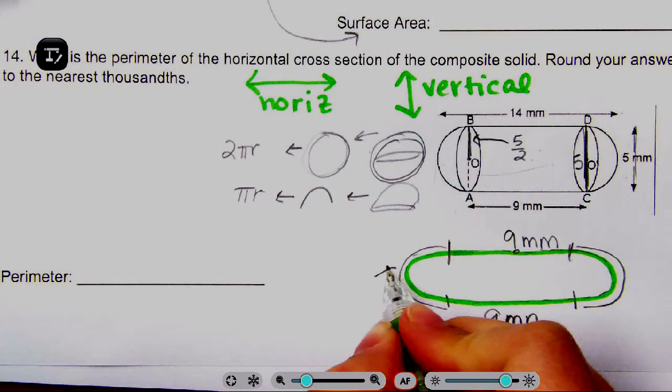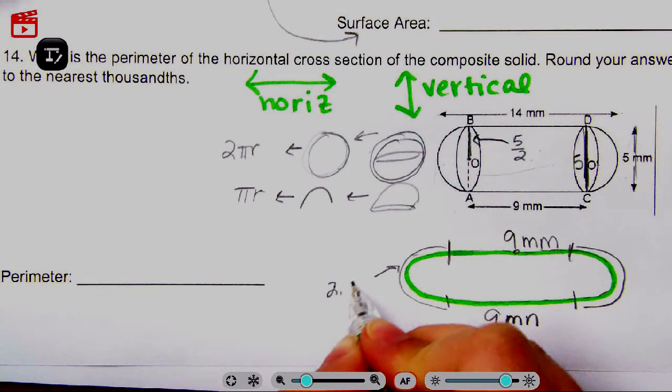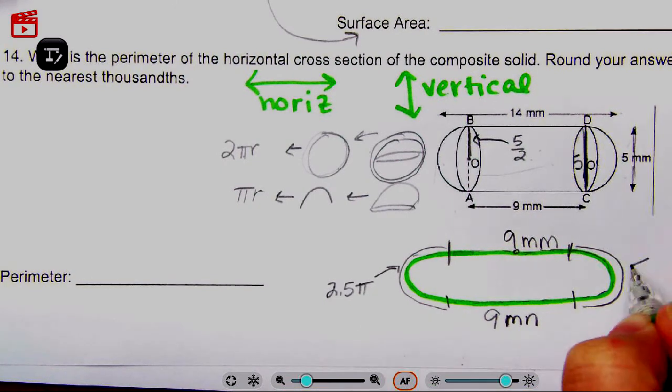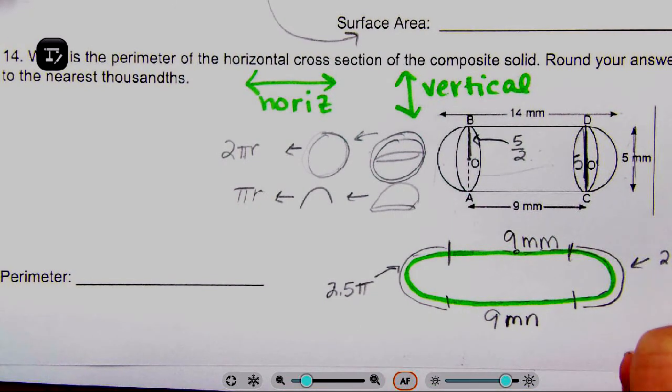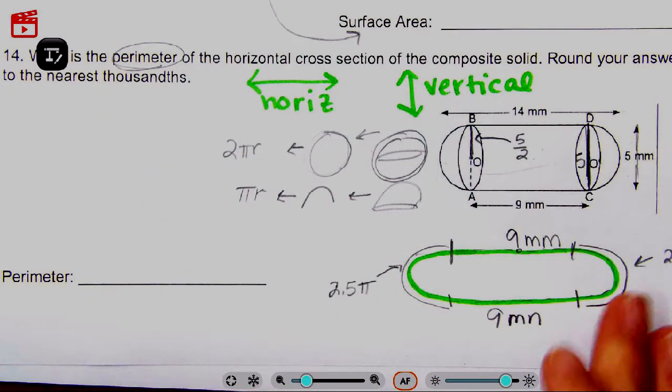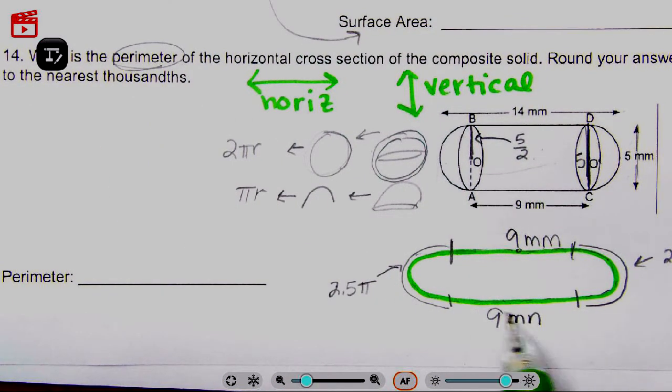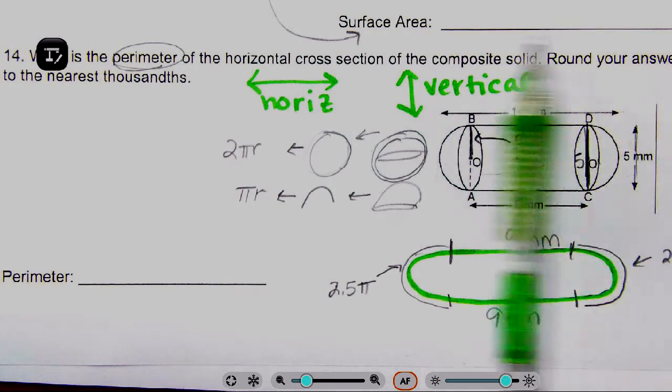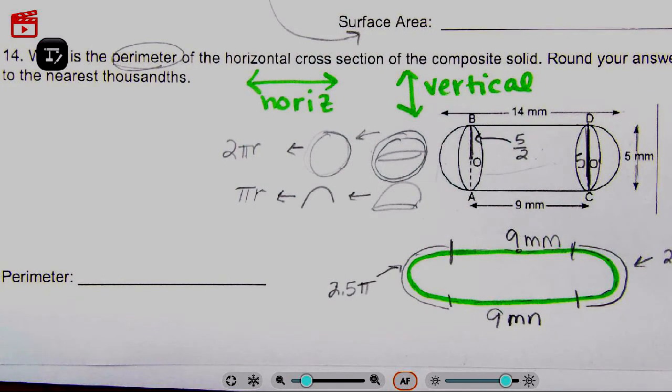So for this section here, I have 2.5 pi, and for this section, I have 2.5 pi. Now again, what is the question asking? What is the perimeter? So what is the total distance around this entire shape when it has been cut horizontally? And that is 2.5 pi plus 2.5 pi plus 9 plus 9.